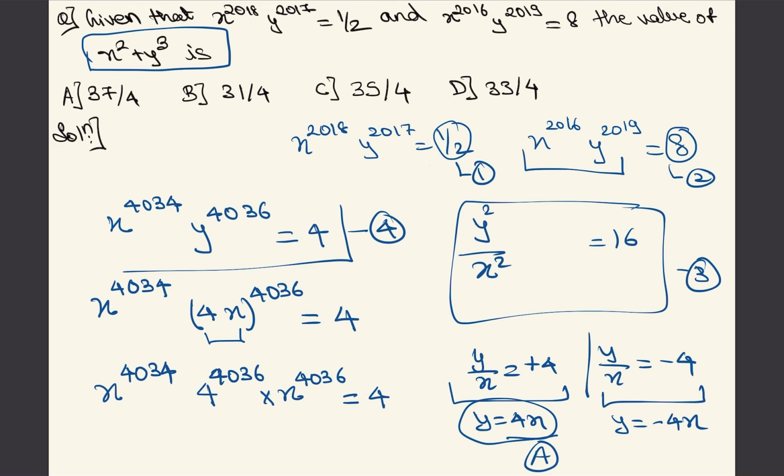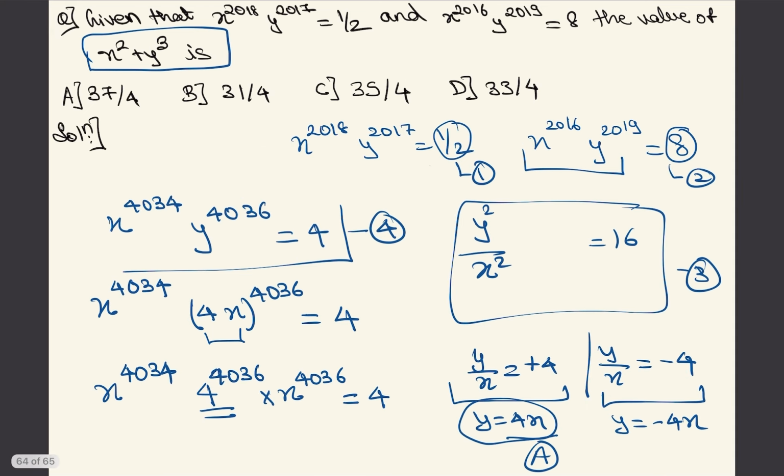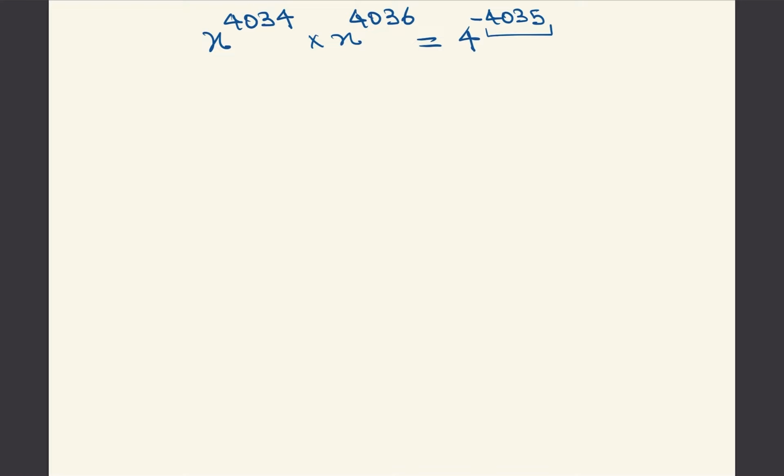So x to the power 4034 is already there. Now this 4 goes to the right side, which becomes minus 4036, and we add 1 to this value. x to the power 4034 times x to the power 4036 equals 4 to the power minus 4036 plus 1, which gives me minus 4035.